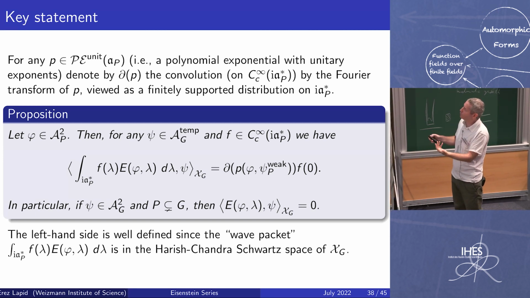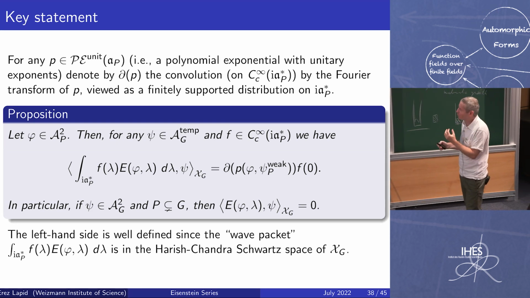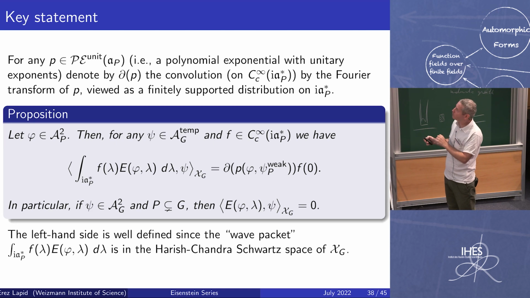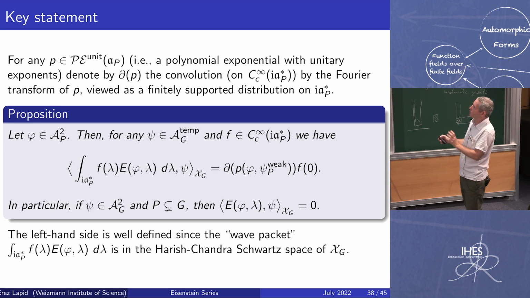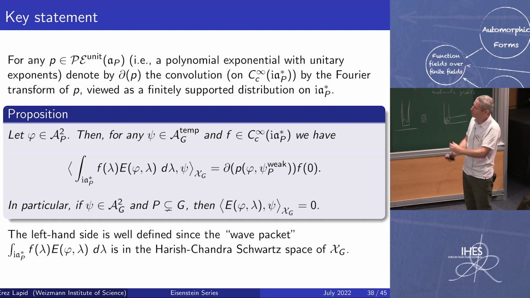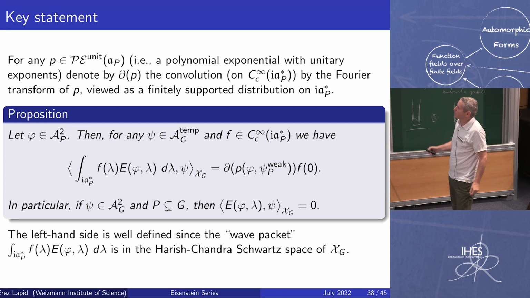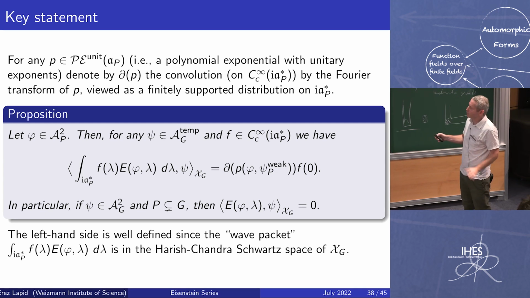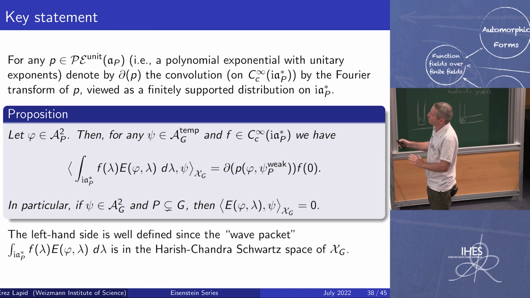The Fourier transform, so you can look at it as a compactly, finitely supported distribution on the dual space, and you apply it to f. So it's a very simple, it's some kind of derivatives of f at the point which is somehow determined by the spectral parameters. And so the right-hand side is something very basic. And so this is the main claim.